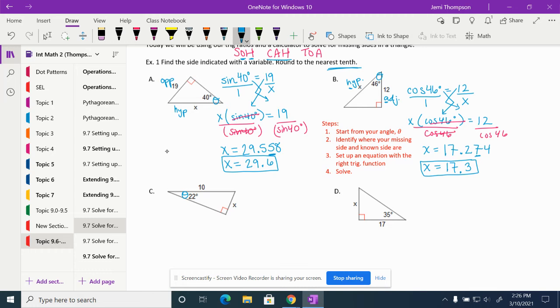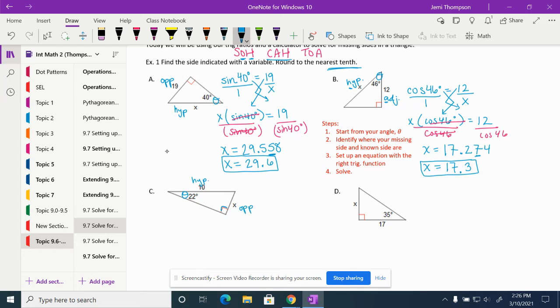All right, what do I know? I know 10. 10 is which side? The hypotenuse, the opposite, or the adjacent? 10 is the hypotenuse because it is across from this right angle right here. Where is x?